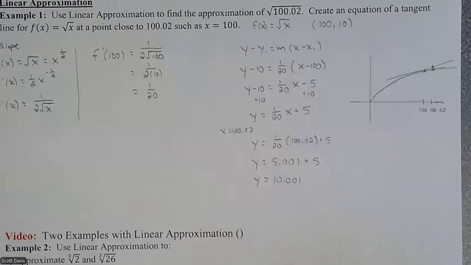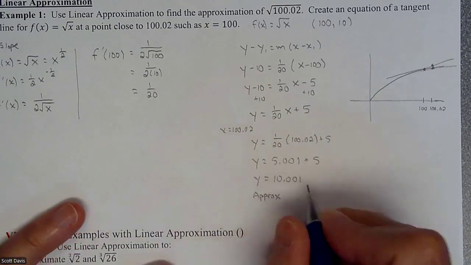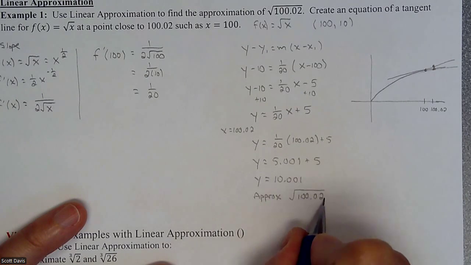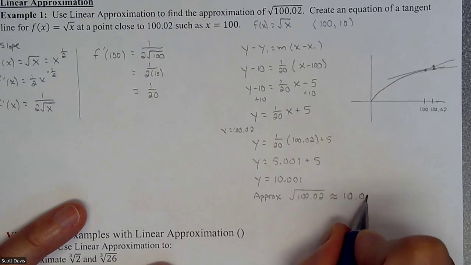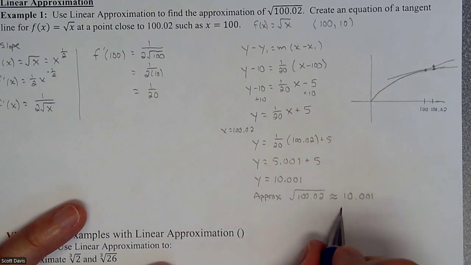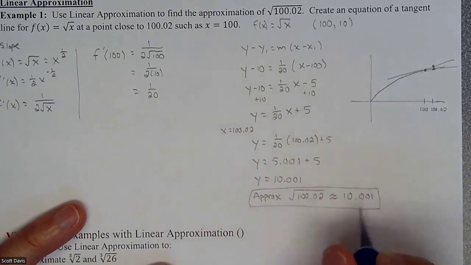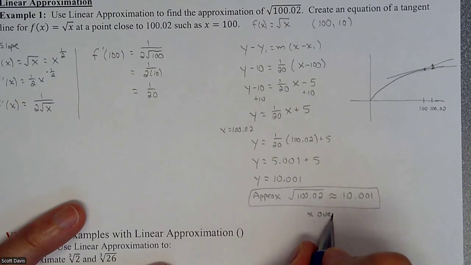So our approximation for the square root of 100.2 is about 10.01. And I do know that that is an overestimate.